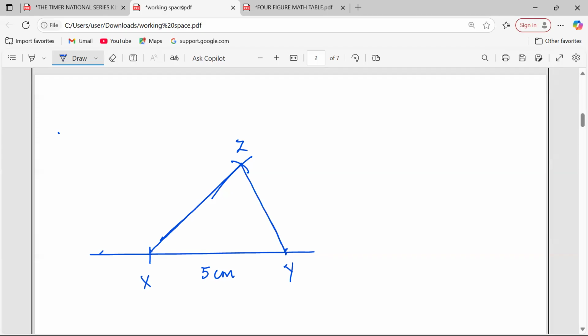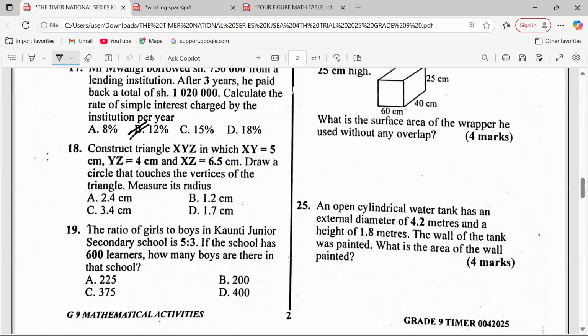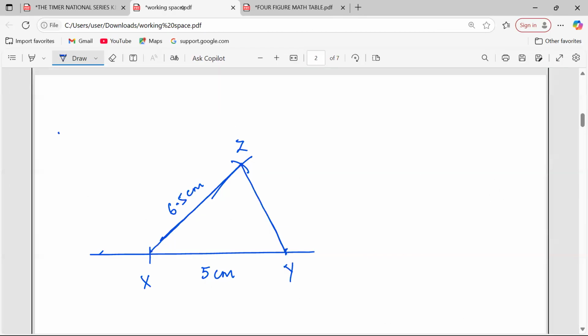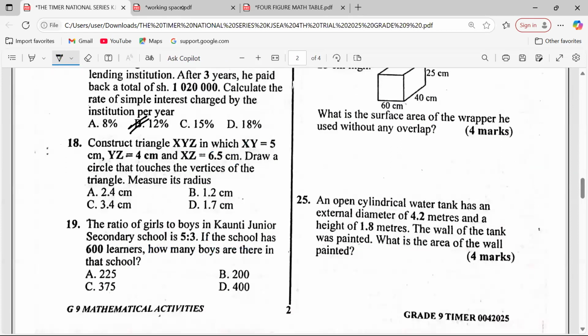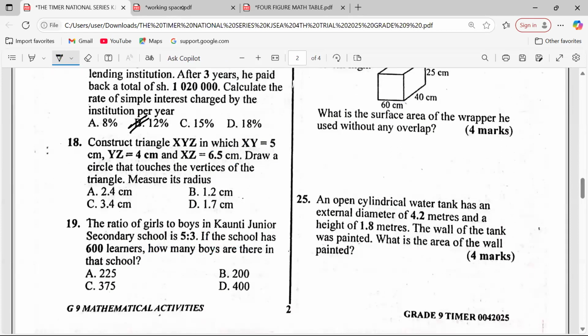So this is 6.5 centimeters, and this is 4 centimeters. Now we are having the triangle. After getting the triangle, what next are we doing? We draw a circle that touches the vertices, the 3 vertices.